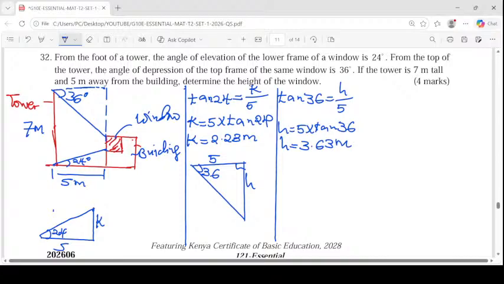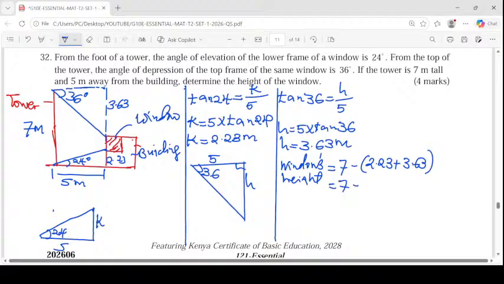So let us see if this measurement is becoming 3.63. The bottom part here, we got it as 2.23. Now when I take 3.63 plus the height of this window plus 2.23, it will give me 7. So now to get the height of the window, I'll take the total height of the tower, which is 7, minus 2.23 plus 3.63, because I know the remaining measurement should be for the window.